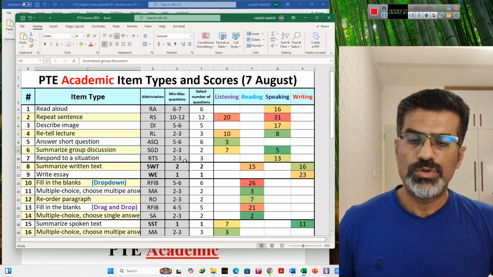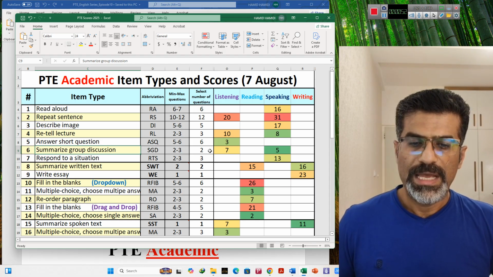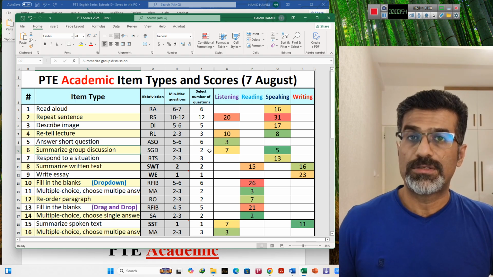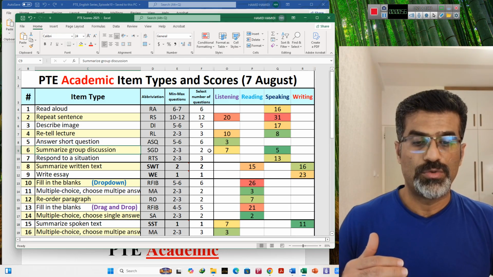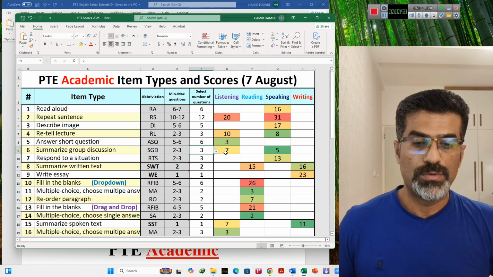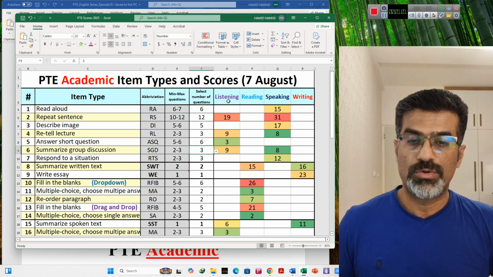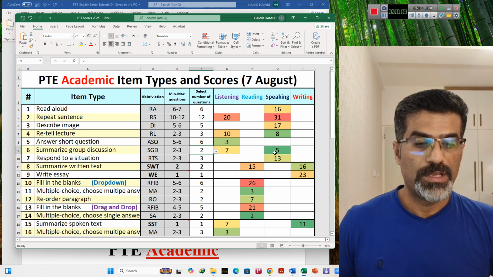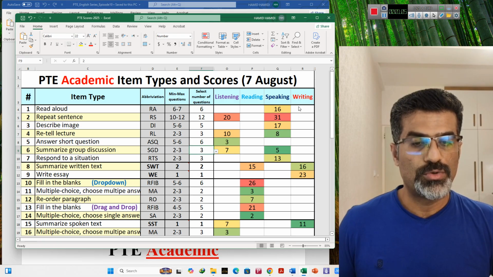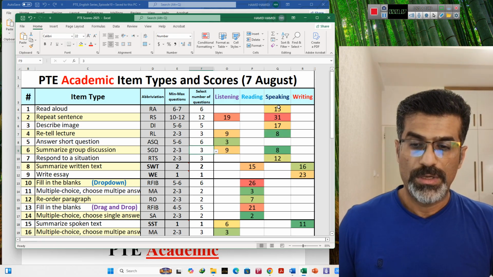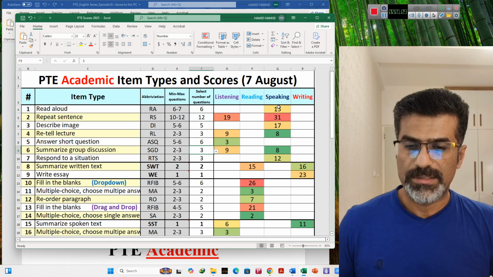There are 2 to 3 questions. And this task is a dual effect task, which means that it contributes 7 to 9 scores to your listening skill and 5 to 8 scores to your speaking skill. So it's a very important task.